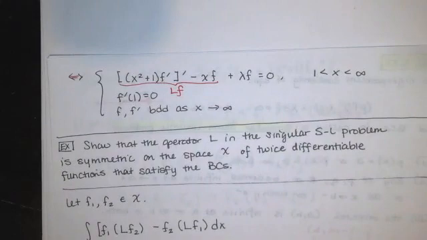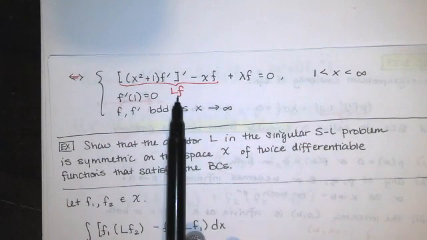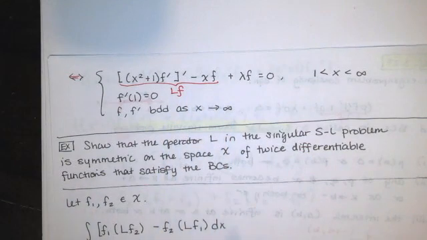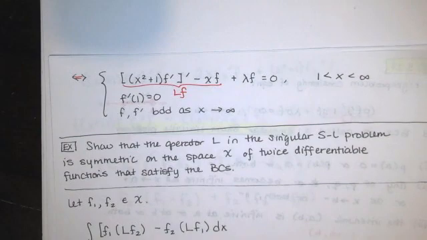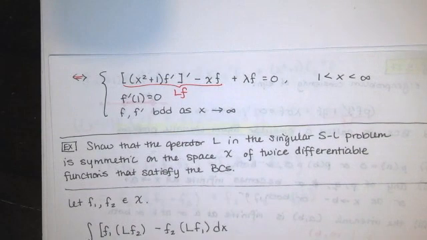And that means not only do we have a singular Sturm-Liouville problem, but we have a singular Sturm-Liouville problem in which the linear operator is symmetric on the space of functions we're interested in. And therefore, when we try to solve this problem, we're guaranteed to have an infinite increasing sequence of eigenvalues that go to infinity as n goes to infinity, and corresponding eigenfunctions.